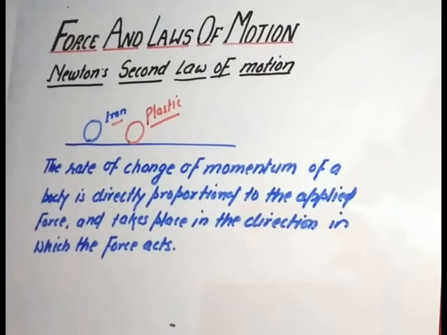The rate of change of momentum can be obtained by dividing the change in momentum by the time taken.